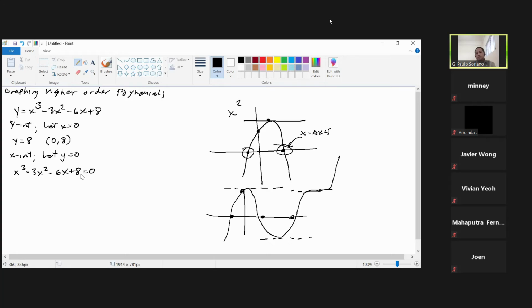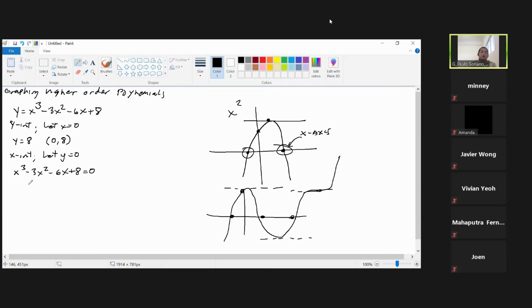So how do we solve this? We can solve this by finding synthetic division. We can now simplify it and break it down to factors or find the values of x using synthetic division. Good.